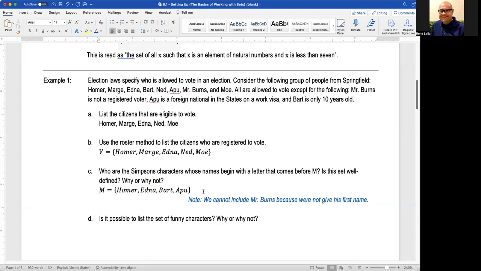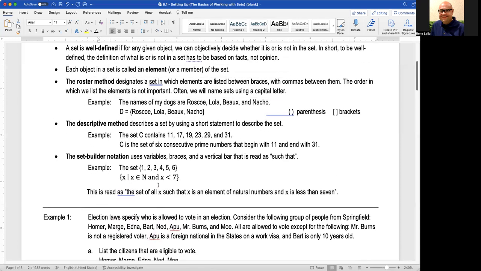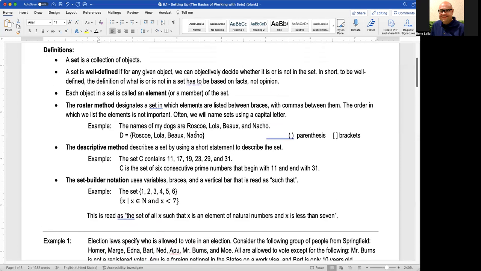Now, is this a well-defined set? Yes, this is a well-defined set because it is not based on opinion. If you come back up here, I think I glossed over what a well-defined set is.